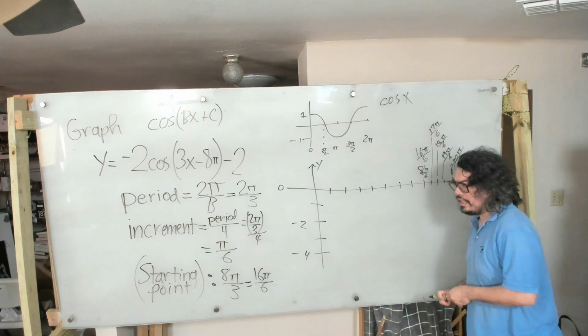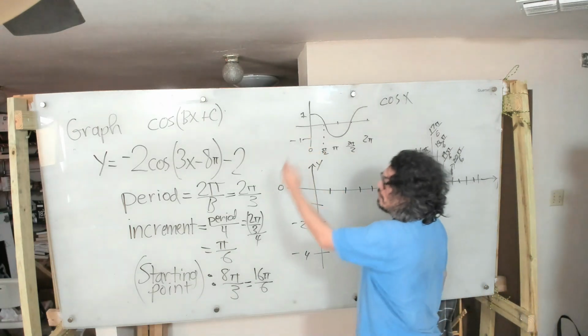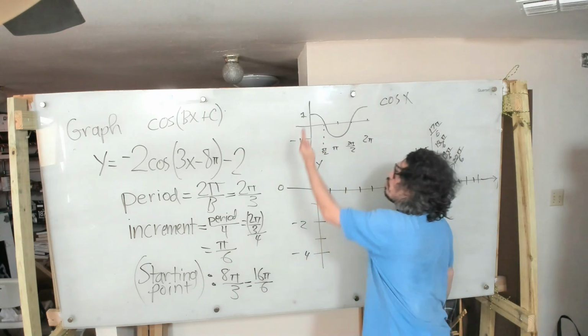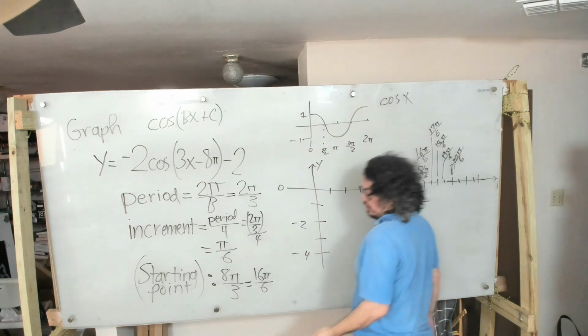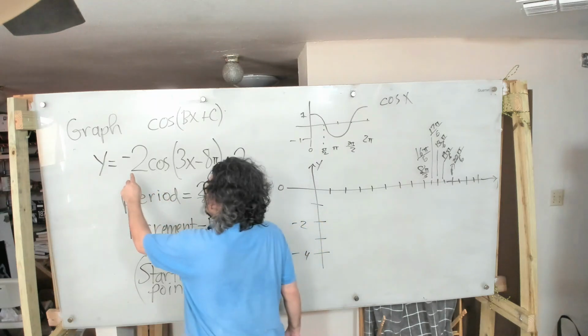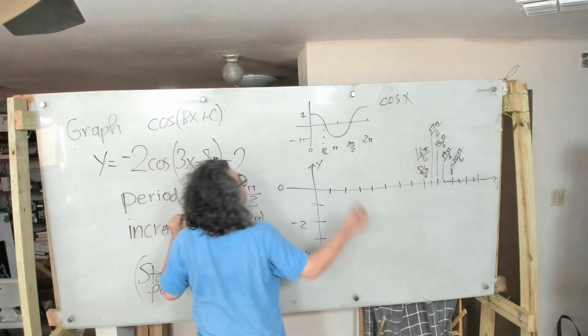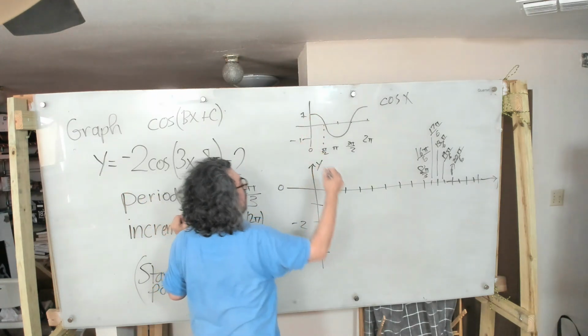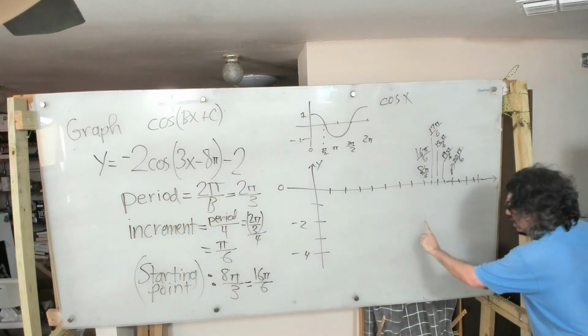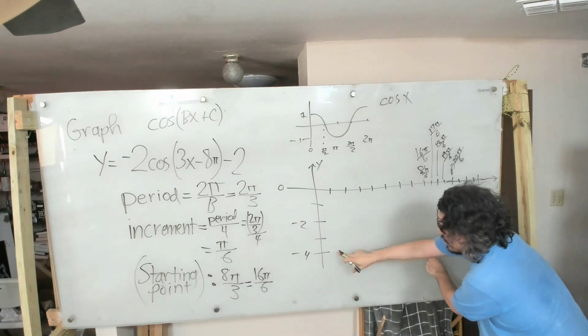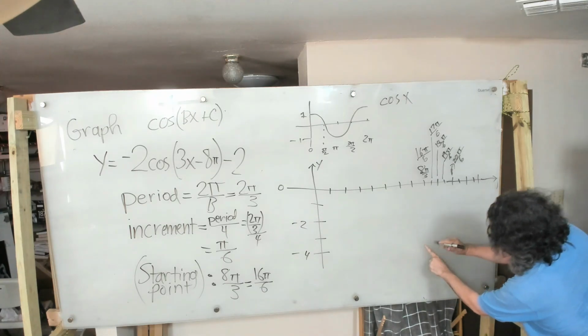Now remember, because of the choice of starting point, we know that the pattern of the curve will follow that of the parent. With the only exception is that in this case, since it's negative, instead of starting from the top, we're going to start from the bottom. So we know that at 8 pi over 3, because of the calculations we did earlier, it'll start here at the bottom, which will be -4.